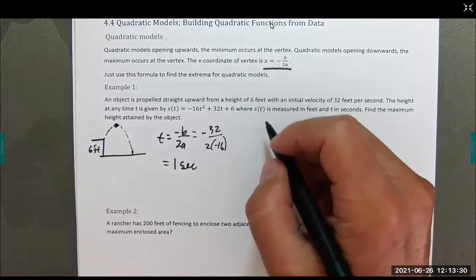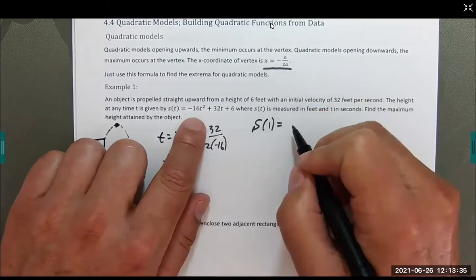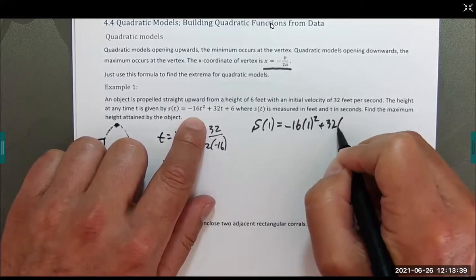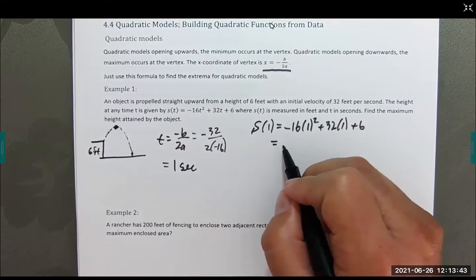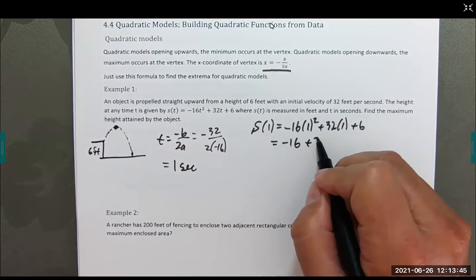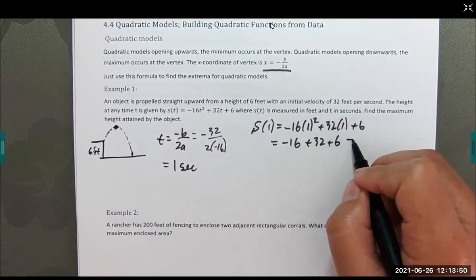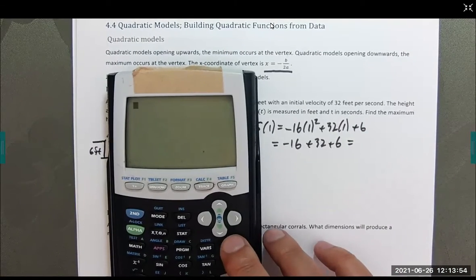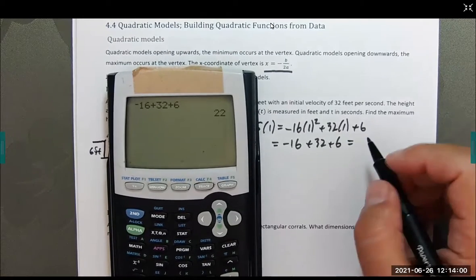What is that maximum height? Well, let's find out. That's s of 1. It's going to be negative 16 times 1 squared plus 32 times 1 plus 6. So negative 16 plus 32 plus 6 is 22.